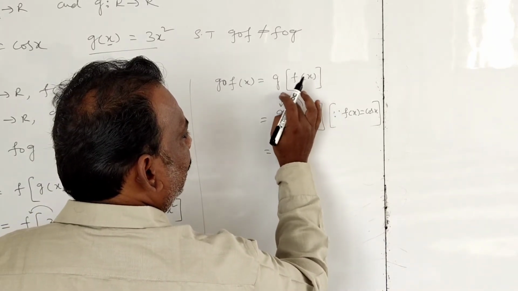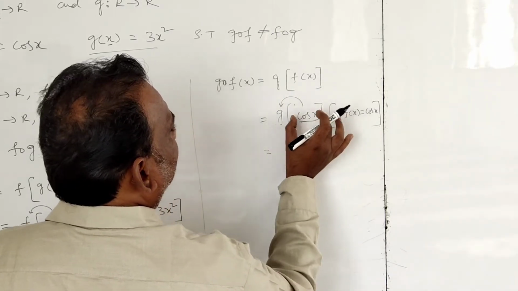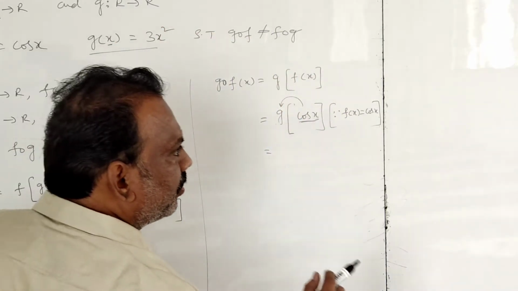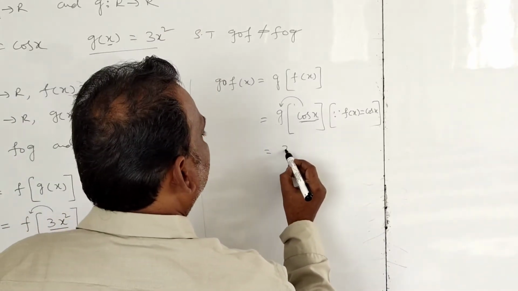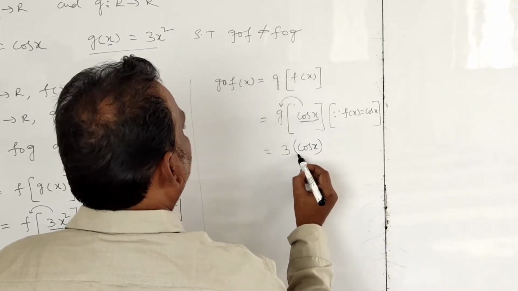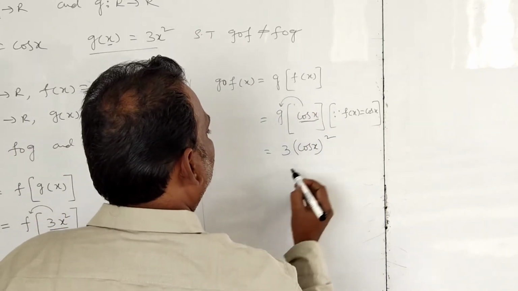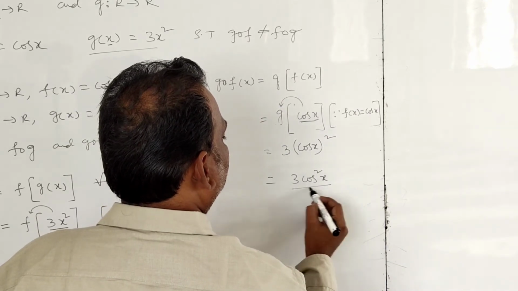Before this value we have the g function. We replace this value in g, in x's place. So in 3x square, in x's place we have cos x, and there is a square. So you will get 3 cos square x.